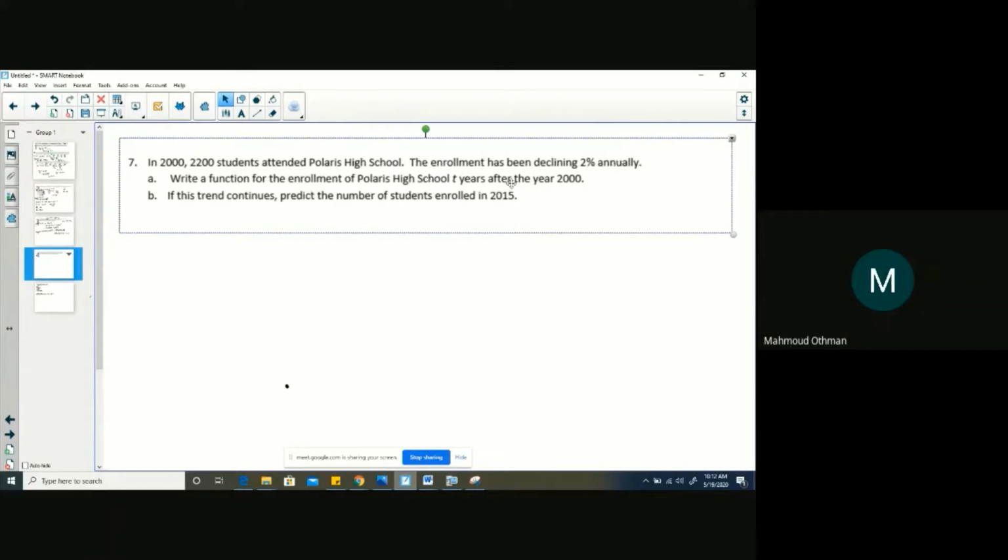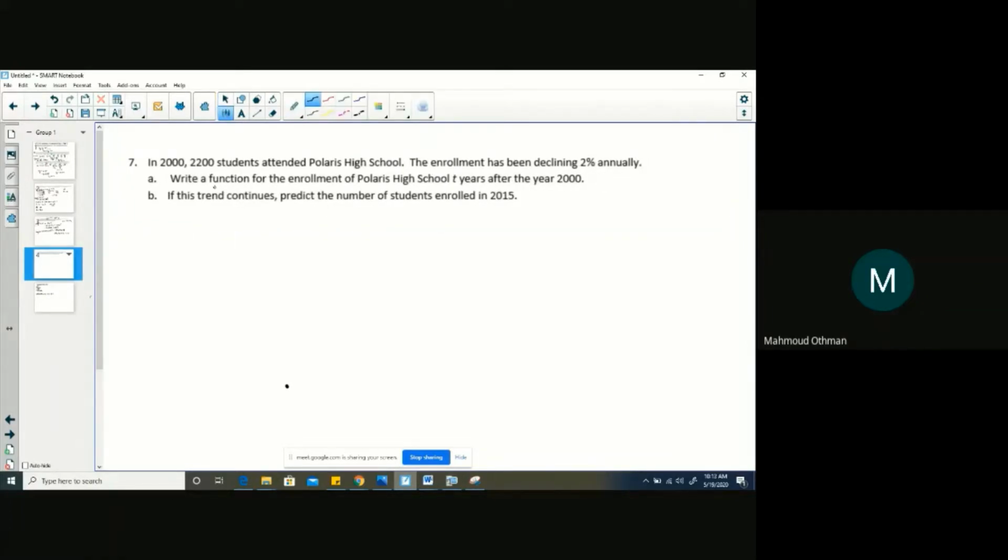B, if this trend continues, predict the number of students in the year 2015. So first thing I'm going to do is remember my function. So y equals a times b to the x, which equals a times 1 minus r to the t. In this case, I'm going to be using minus because of the word declining, or decreasing.